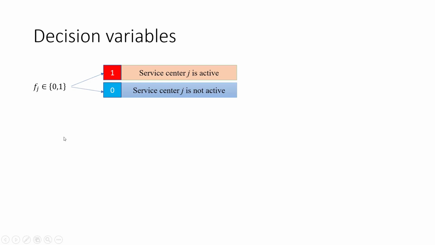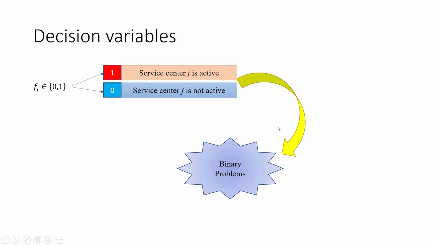If Fj is equal to 1, it means that service center j is open, and if Fj is equal to 0, service center j is not active or is closed. So we have a binary problem. This is our main decision variable.